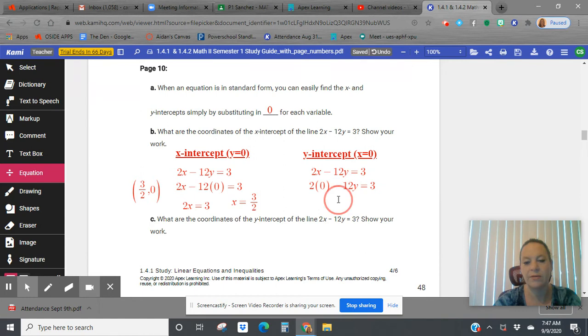So that zeroes out. We're left with negative 12y equals 3. We divide both sides by negative 12, and we get y equals negative 3/12, which simplifies down to negative 1/4. Remember that if they ask me for an intercept, I'm always going to put my answer in intercept form of negative 1/4, comma 0.